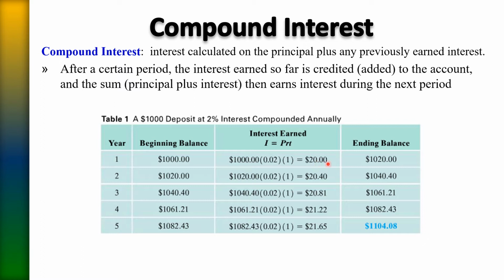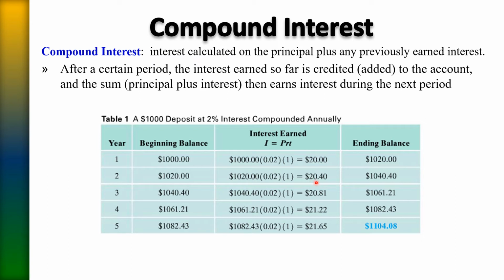So you add that to the money you already put in, the 1,000, and you have 1,020. So year 2, now the interest that you're going to be earning is going to be based on your new balance. Your balance in the account is $1,020. So then you use that to calculate your interest, 1,020 times the rate times the time.